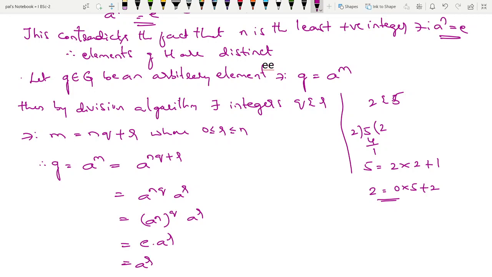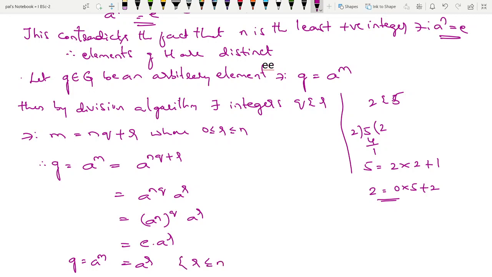What is the value of r? R is the value less than n. So g is equal to a to the power of m, which is equal to a to the power of r. So r is the value less than n.